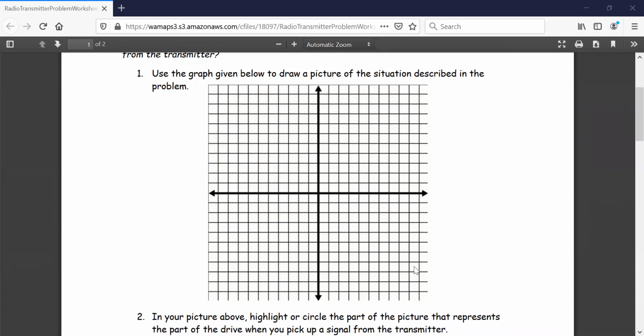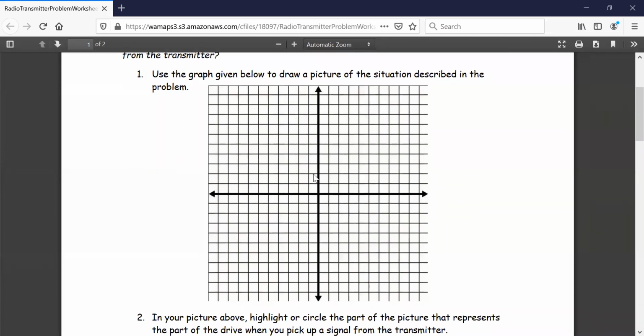Now, first of all, as you notice, some of the numbers in the problem, 20, 25, are kind of big. So on my graph here, I'm going to make things count by fives. So this will be 5, this will be 10, this will be 15, 20, and 25 up to there.